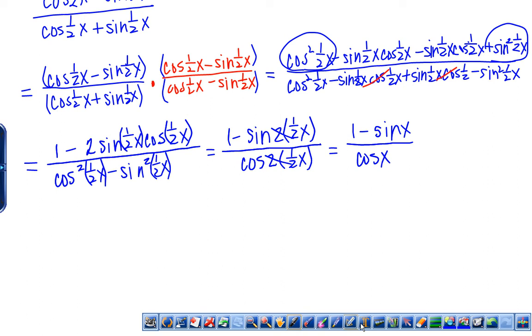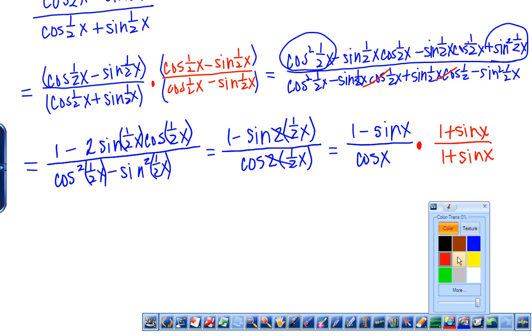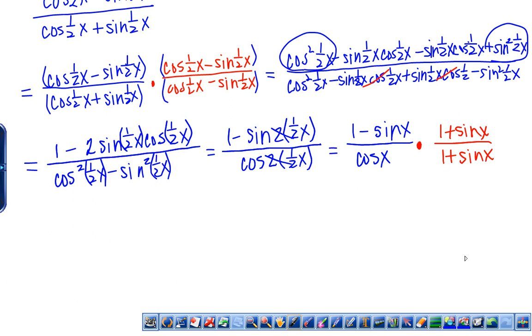And now you're not going to like this, but I think we're going to have to do a conjugate again. How about 1 plus sine x and 1 plus sine x? And y'all are thinking, if there's one on the test like this, I'm going to die.